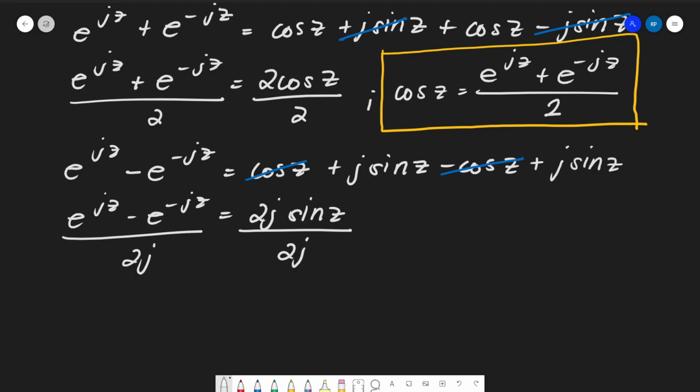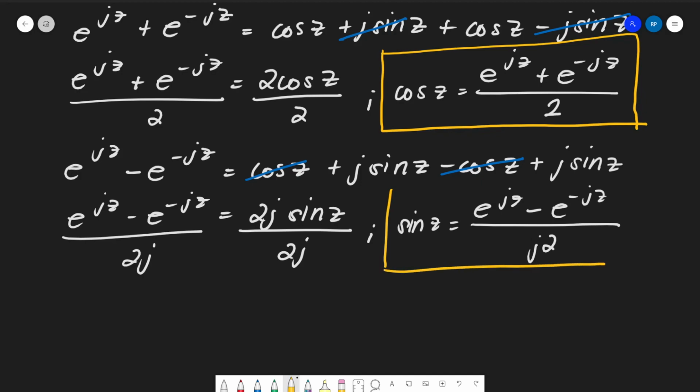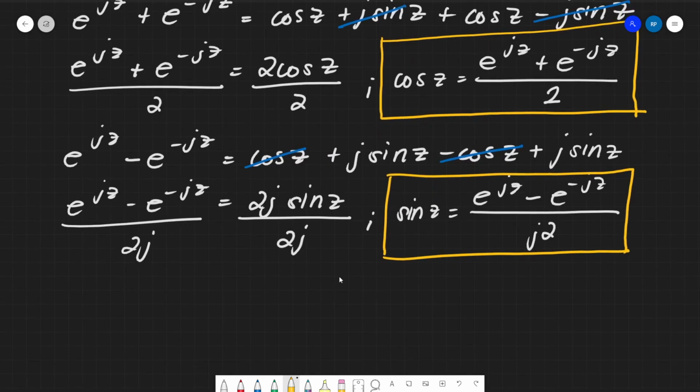So, sine z is equal to e raised to jz minus e raised to negative jz over 2j. These are our cosine z and sine z formulas for the trigonometric functions.